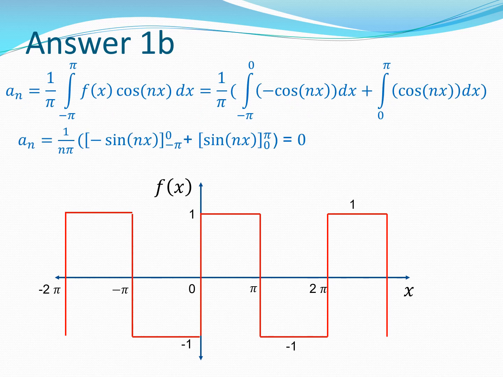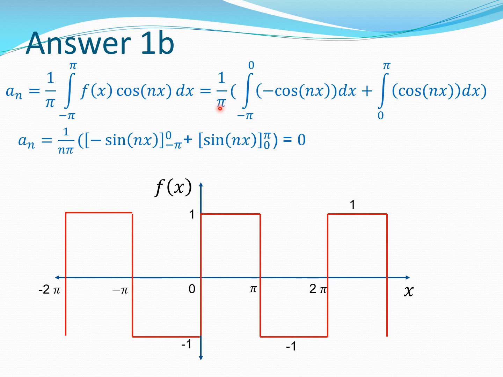Now let's look at the second coefficients, that is an, and I'm dealing with the simple coefficients first. This coefficient also comes to 0, but let's see how that happens. The definition is given here: 1 by pi, integral from minus pi to pi, f(x) cos nx dx. I split this into two parts.